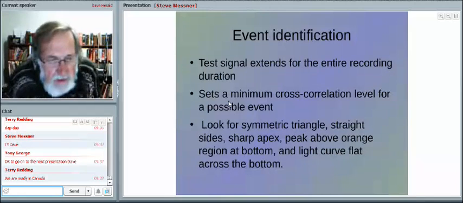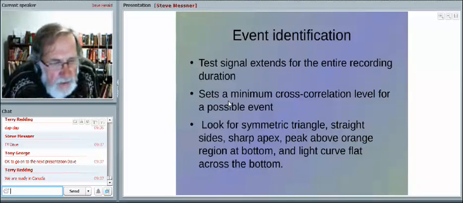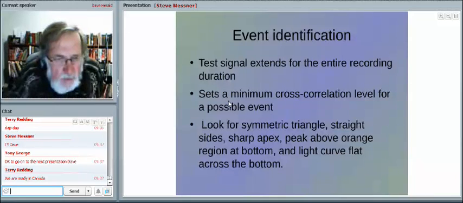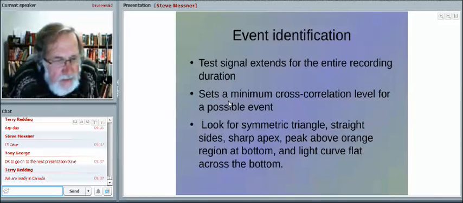The test signal was fixed for the whole recording duration, and just the putative occultation is moved along that test signal.